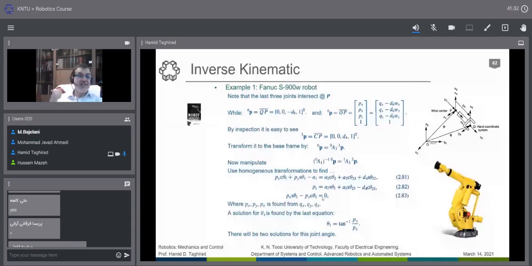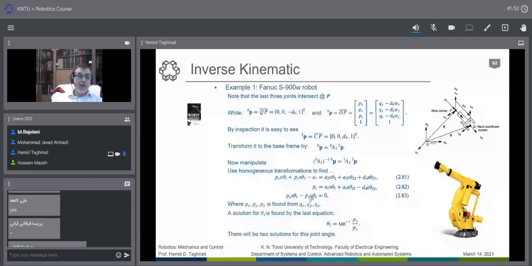So we can find the theta 1 just from this angle. We have the sine and the cosine here. You can find theta 1, as you see, just the tangent of theta 1 is Py over Px, and you can find the arctangent from this equation.